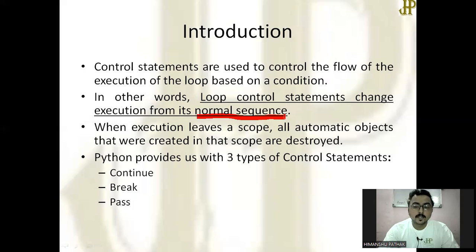Whenever there is a need to break and come out from the loop, then a control statement can be used. When in some situation the body of the loop is not going to be executed, then control statements are used.